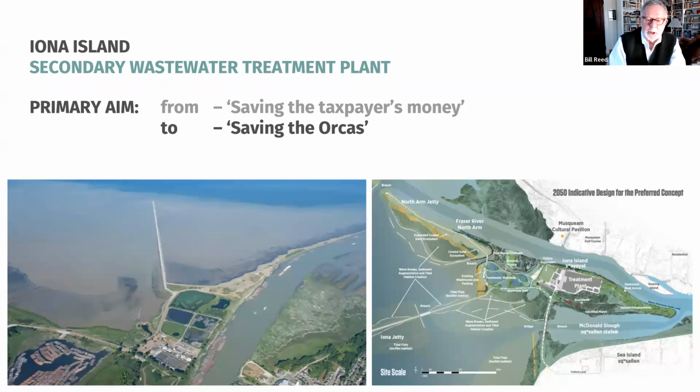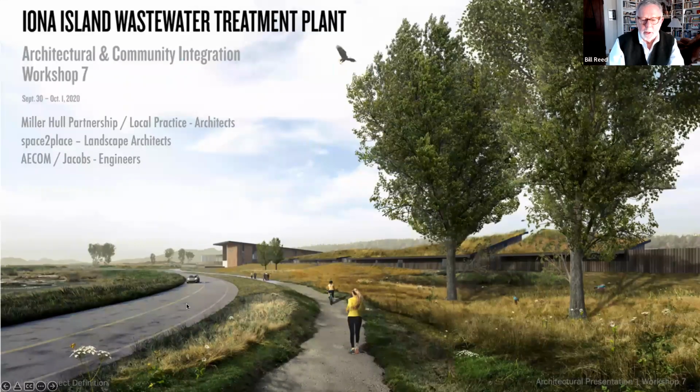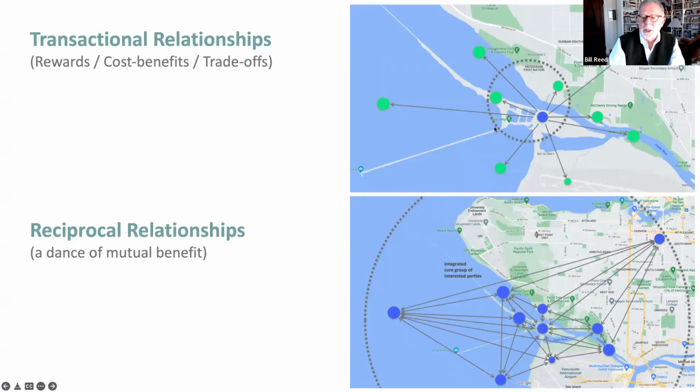Then we went to this next project, and because of that work, they said, this is not just about building a wastewater treatment plant. This is about saving the orca whales, not just reducing the toxicity to secondary treatment, but how do we actually create drinkable water out of this plant and begin to work with the community to not only do a relatively benign and beautiful wastewater treatment plant, but to actually begin to engage not just the people immediately around this plant, but the system of activists who related in reciprocity and developing motivation to actually work together to solve multiple problems at the same time.